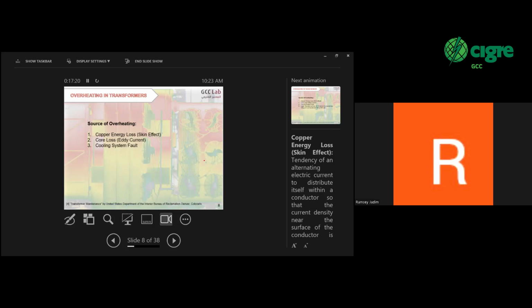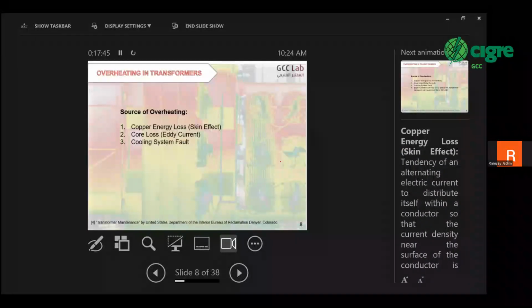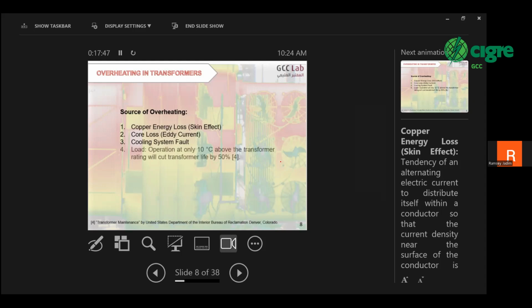We told them that the weather here in the Middle East is very hot in the summer, so keep it open all the time. And also we found that some of the fans were not working correctly. So this must also be checked, since the outside ambient temperature can increase the temperature inside the transformer.